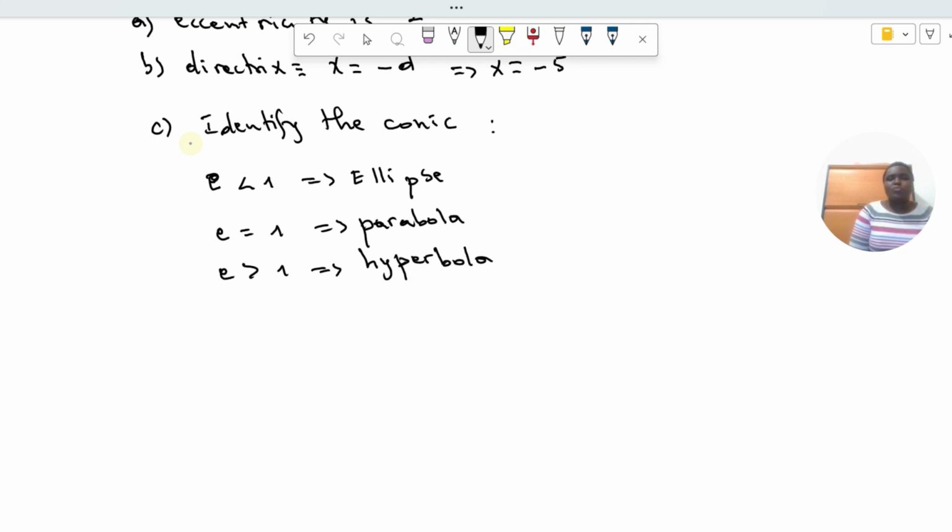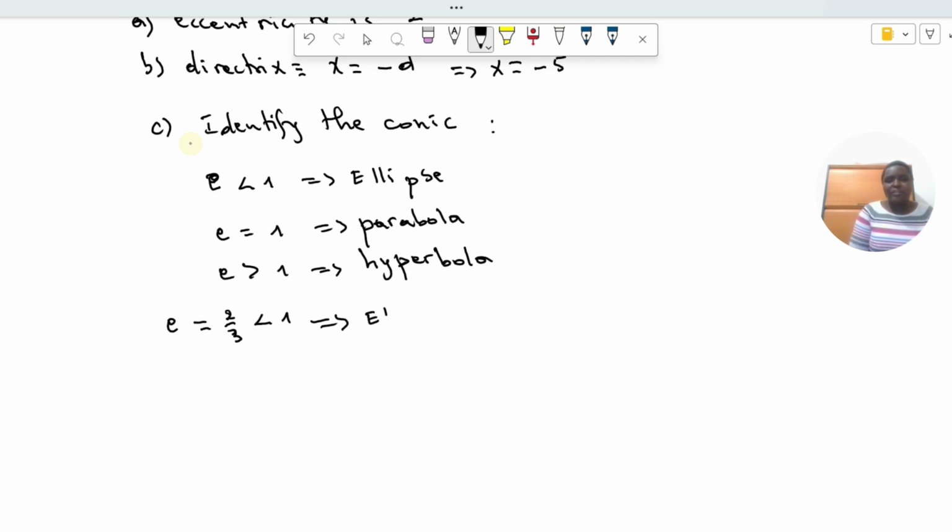All right. So in our question, we have calculated the eccentricity, and the eccentricity is equal to 2 over 3, and 2 over 3 is less than 1. Since 2 over 3 is less than 1, it indicates that our conic is an ellipse.